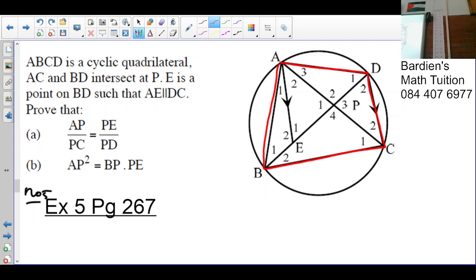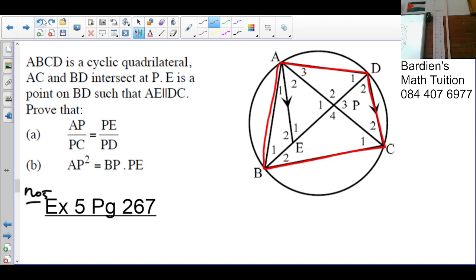Angle C2 is equal to angle B1. Why? Angles in the same segment. Those two are equal and those angles are equal. You also know that opposite angles are supplementary, which means to say they add up to 180, and the exterior angle is equal to the interior opposite angle, which we don't have here.